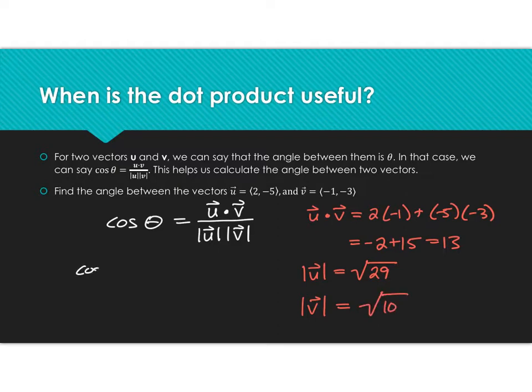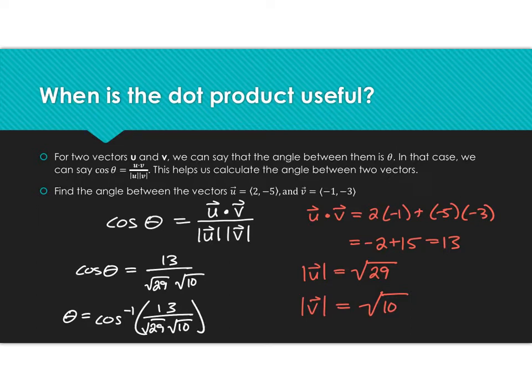So then cosine theta is 13 over the square root of 29 times the square root of 10. So then theta will be the inverse cosine of whatever this ends up being. If we type all that in, we get our angle, which is approximately 40.2 degrees.